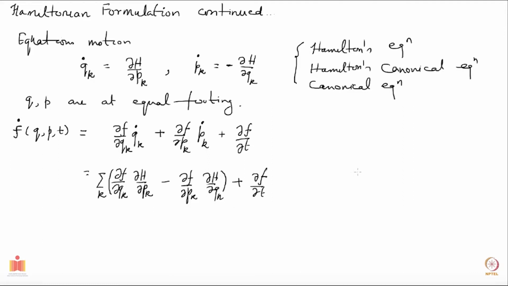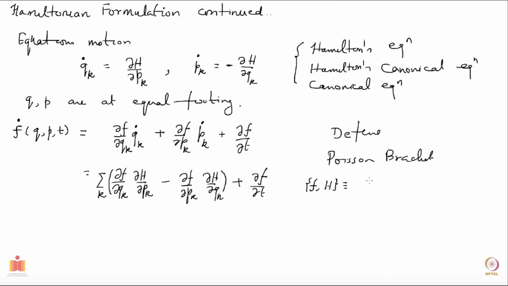Now I define what is called a Poisson bracket. I will define the Poisson bracket between f and H. This is denoted by these two curly brackets. The definition is: these two terms together form the Poisson bracket.